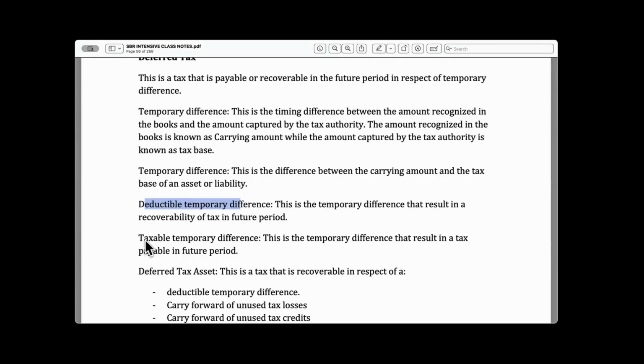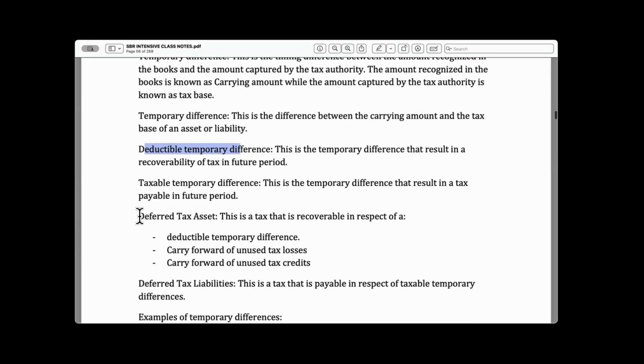That's a deductible temporary difference. So any transaction that the taxman is not considering now, but tells you that you get a deduction in the future, is a deductible temporary difference. And the deductible temporary difference will result in a deferred tax asset. By the time you apply 30% on that, it gives you the deferred tax asset. Then there is the scenario where the taxman says, I'm not going to tax this now, but I'm going to tax it later in the future.